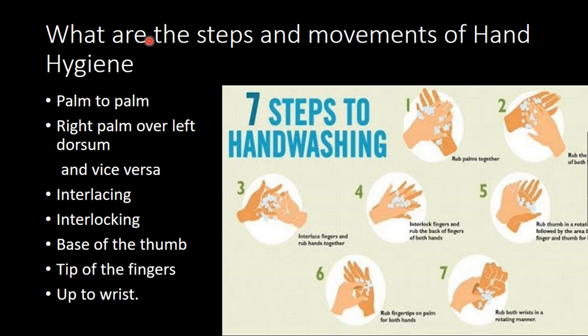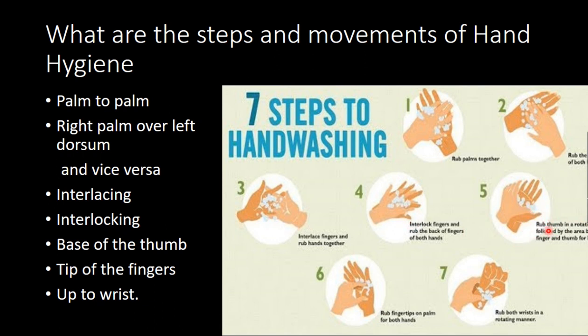Next is, what are the steps and the movements of hand washing, hand hygiene? Generally we have 7 steps of hand washing. You can see here: palm over palm, right palm over left dorsum, and vice versa. Then interlacing, interlocking, and rotational movement of your thumb.